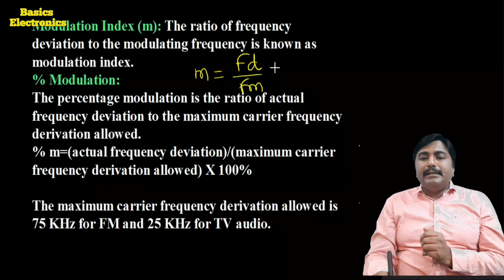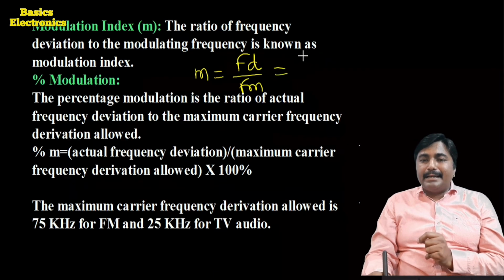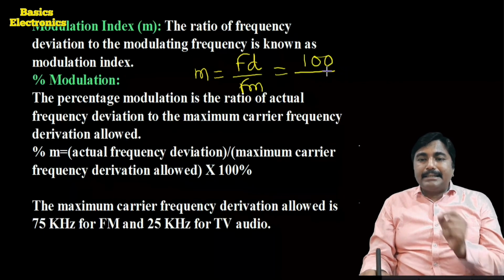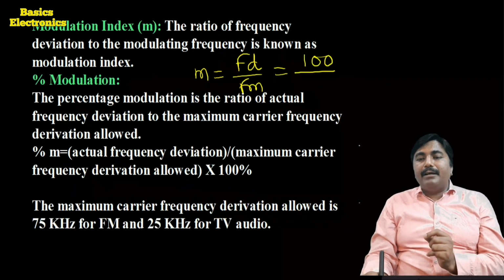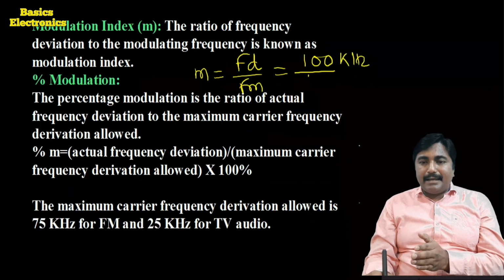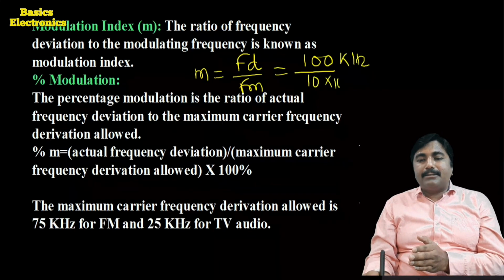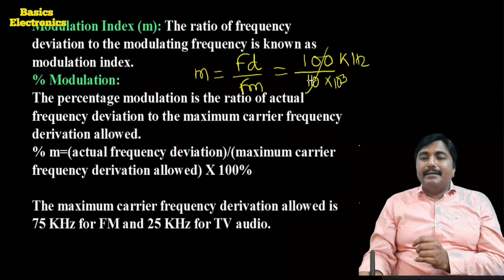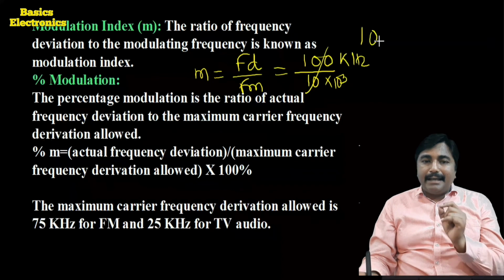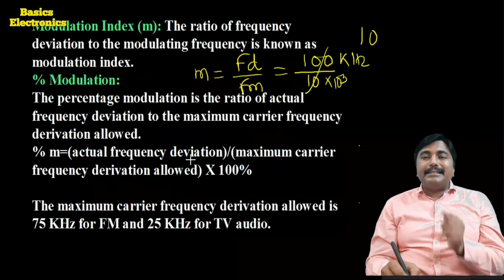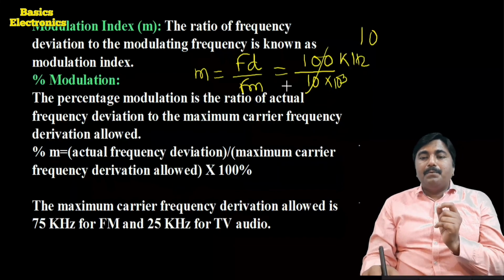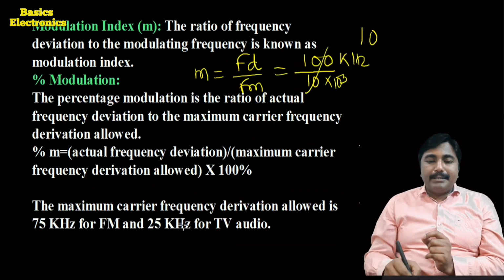For example, suppose the frequency deviation is 100 kilohertz and the modulating signal frequency is 10 kilohertz, which is 10 to the power 3. Then we can say there is a modulation index of 10. As it is a ratio, there is no unit for the modulation index.